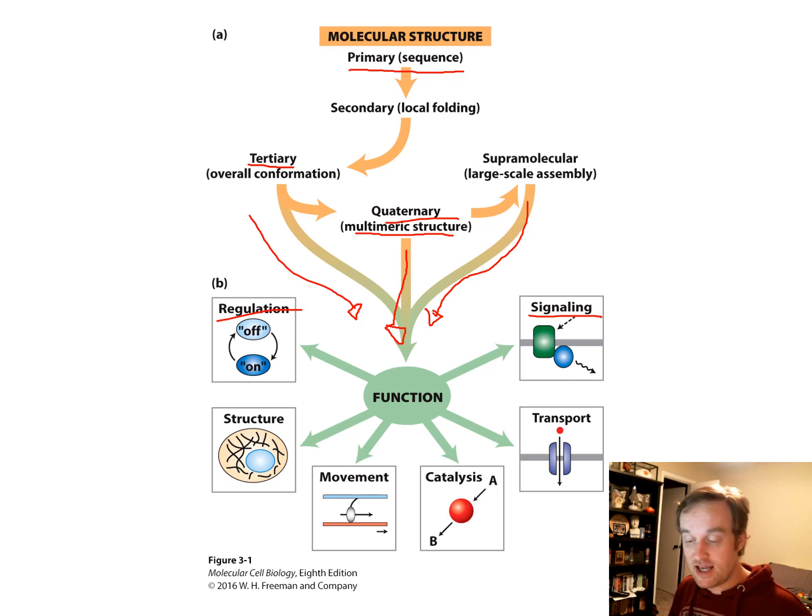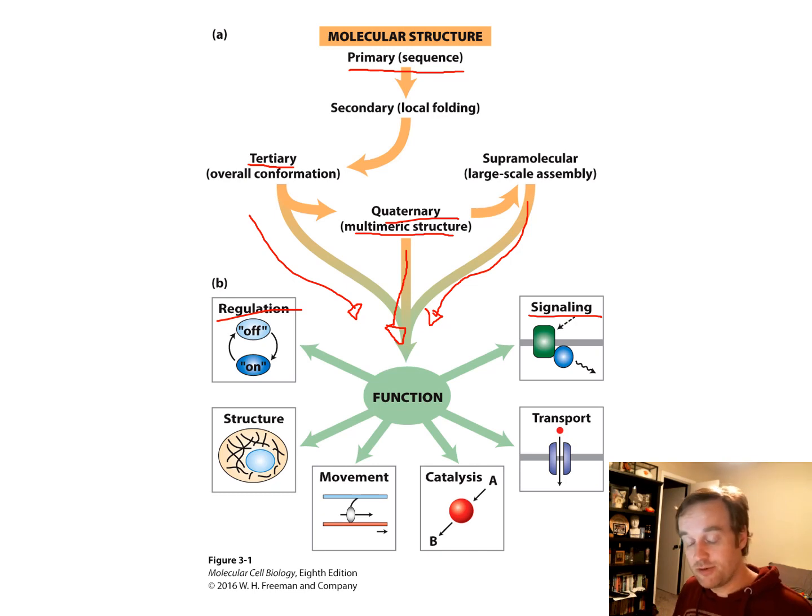So this could be enzymes or proteins that sense the amount of lactose present to turn on the lac operon, things of that nature. Transport, so we have moving small molecules and ions across membranes, so like the sodium-potassium pumps that are on the cell membrane.